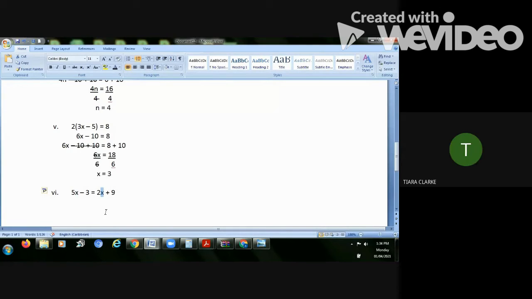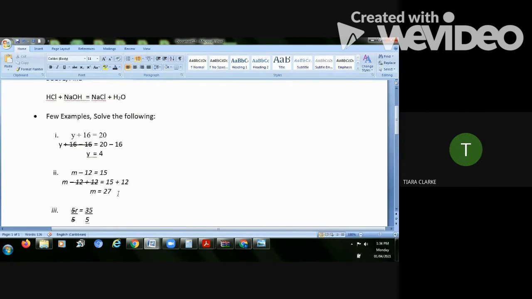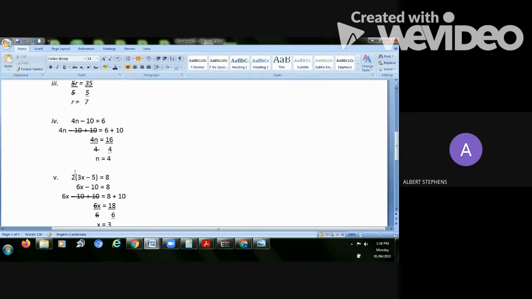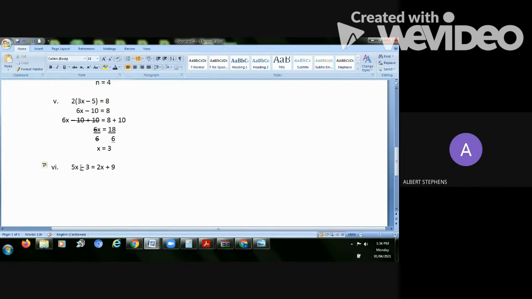Multiplication. We have x on the left hand side and we have x on the what? Right hand side. You notice, because in all these questions it's only one letter. But now we have two letters. They're the same letters, one on the left, one on the right.